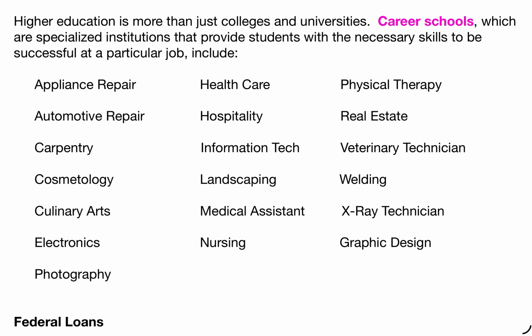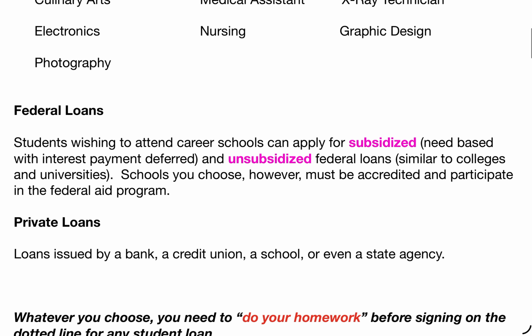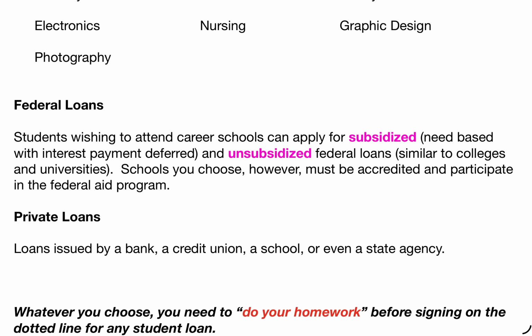Now, to go into higher education, for most people, we can't afford the cost of paying for additional education. And so you're going to have to find ways to pay for it. There are essentially two general directions that a student can go into, and that is the federal loan and the private loans.